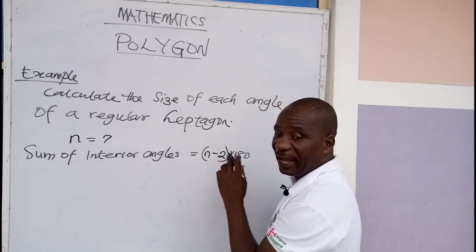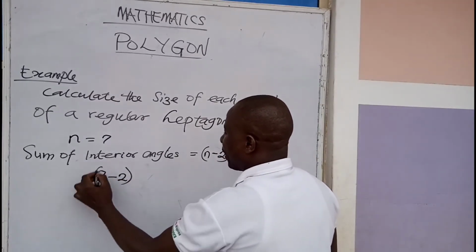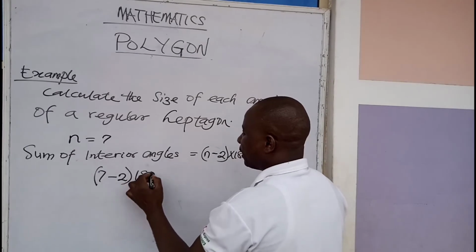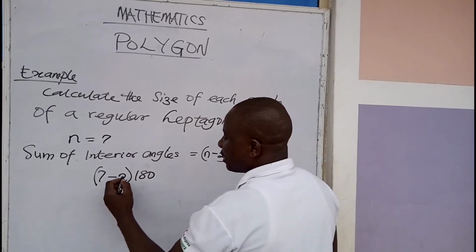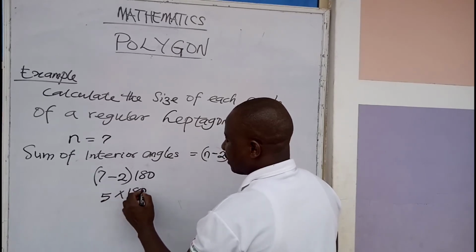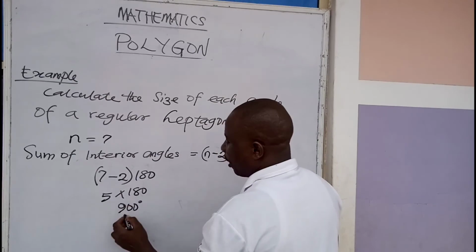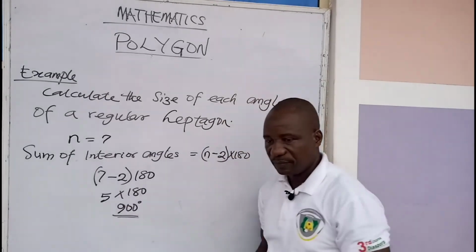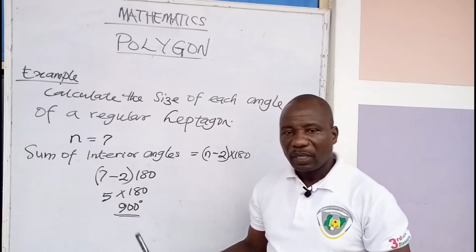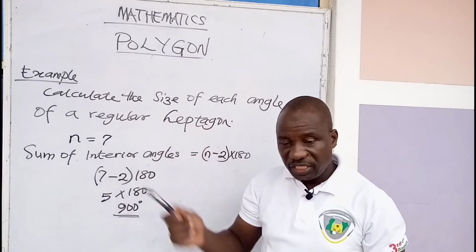So we've known our n now. This is going to be (7 minus 2) times 180. And this gives us 5 times 180, which is 900 degrees. So class, we have found the sum total of the interior angles.